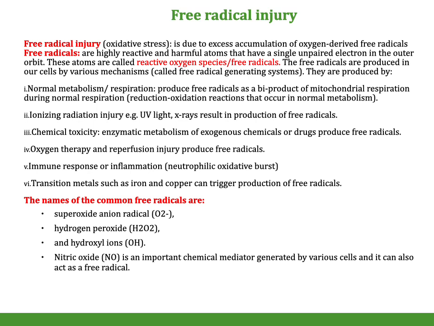It produces a lot of these free radicals because the mitochondria is damaged in these cells. In inflammatory states, the neutrophils produce reactive oxygen species and transition metals, or metals that have multiple valence states, like iron, copper, etc. Now, common free radicals in the body include superoxide, hydrogen peroxide, hydroxyl ions, and nitric oxide.